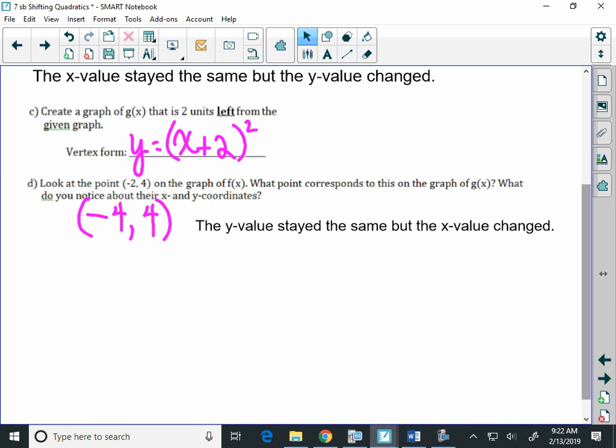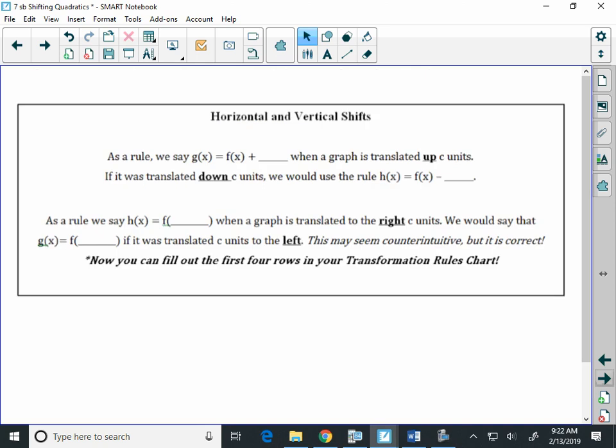So in this case, the y value stayed the same, but the x value changes. And that's what happens when we're moving the graph left. Give you a minute to write that down. And here's kind of a summary.